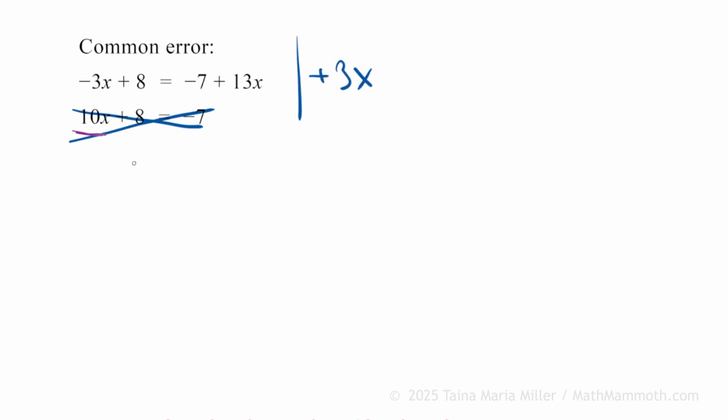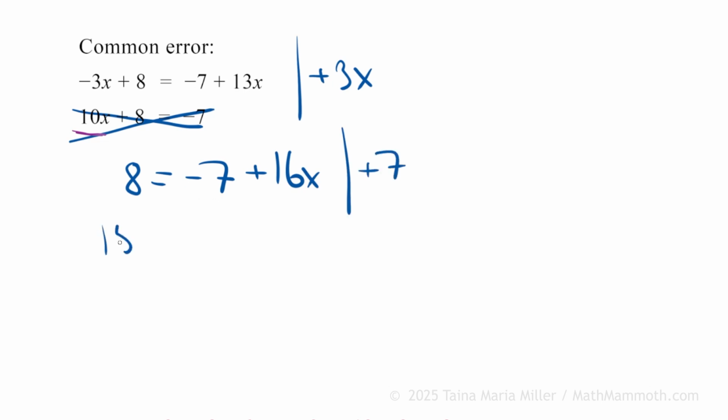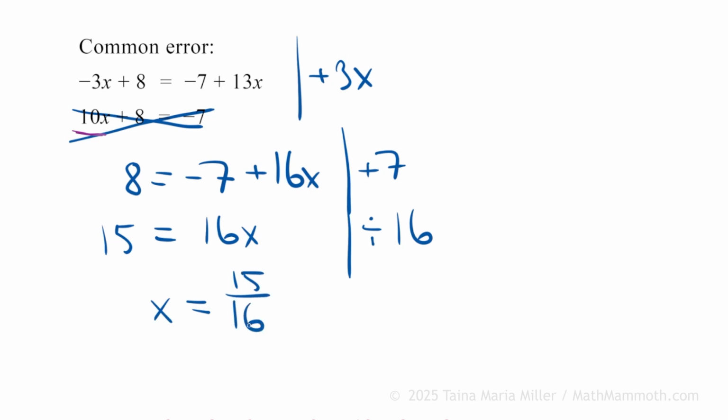And then we will get 8 only here. And over here, 16x. The next step would be eliminate this, so we add 7 and get 15 equals 16x. Lastly, divide by 16, and I'm going to switch sides. X equals 15 over 16.